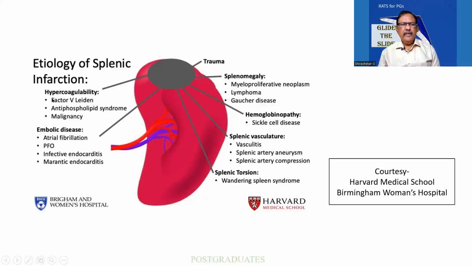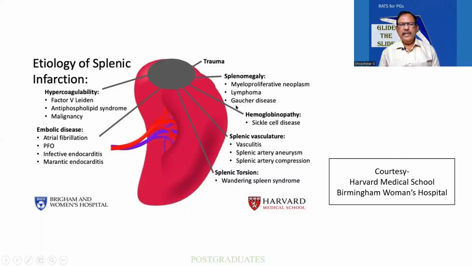The condition is whenever there is going to be a coagulation, hypercoagulability, embolization. Sometimes there can be showers of emboli that is leading to repeated infarcts. Fibrillation, infective endocarditis, etc. can lead to emboli. Trauma, of course, can lead to a localized embolus. Myeloproliferative neoplasm. Lymphoma is again one of the classical things we should think of.